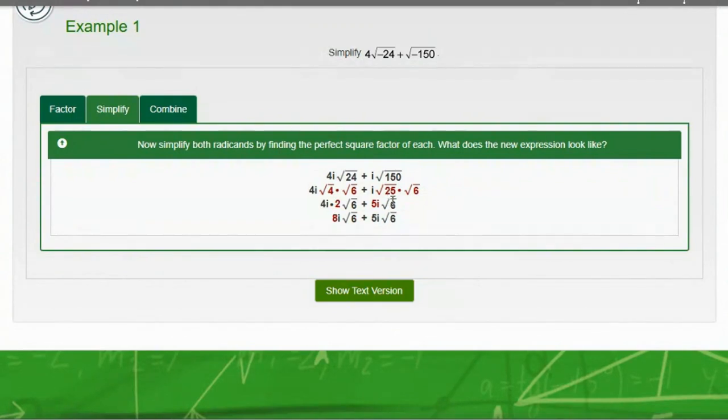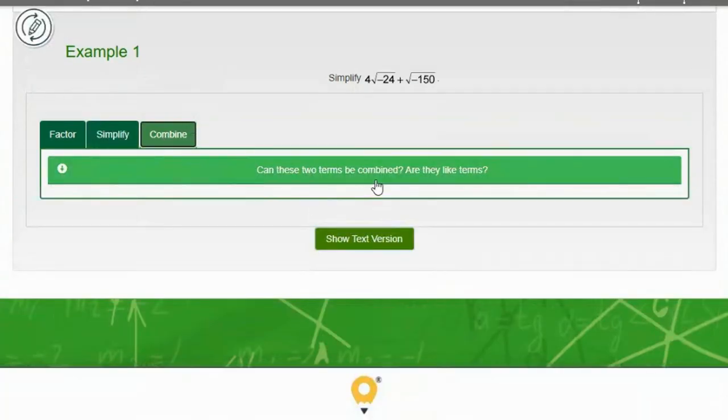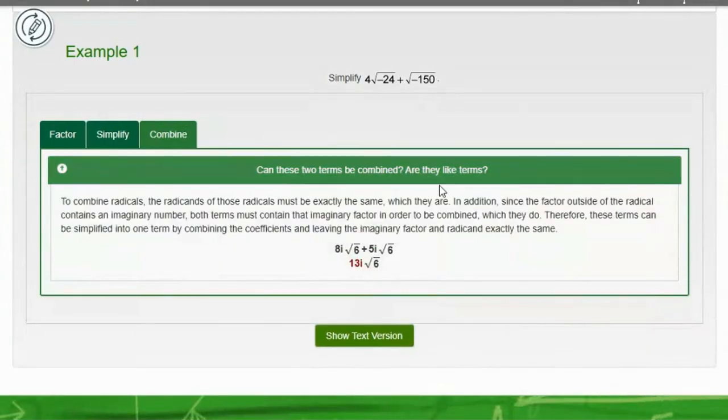This side is 25 times 6. So the square root of 25 is 5, square root of 6. So they get down to the same thing we had, 8i square root of 6 plus 5i square root of 6. Okay. Then, can they be combined? Are they like terms? To combine radicals, the radicands of those radicals must be exactly the same, which they are in this case.